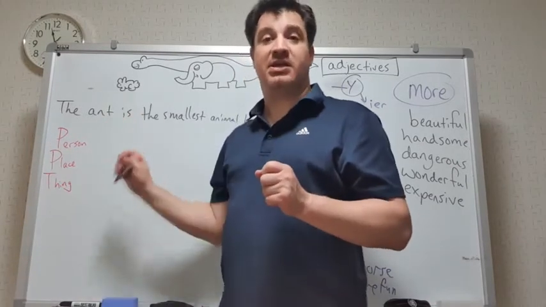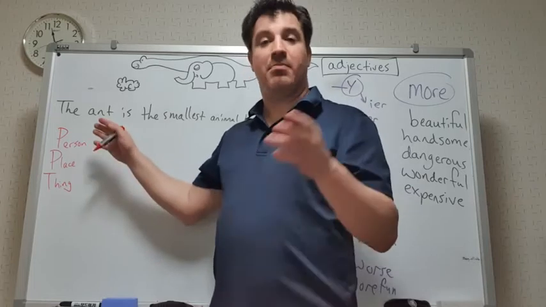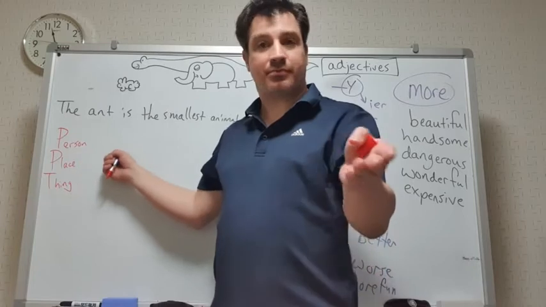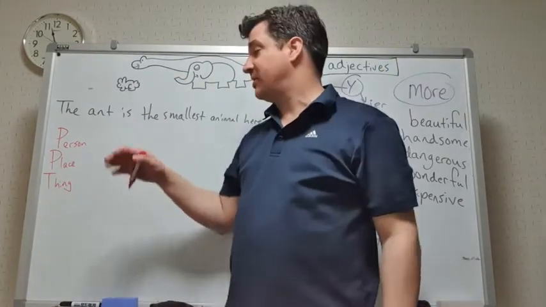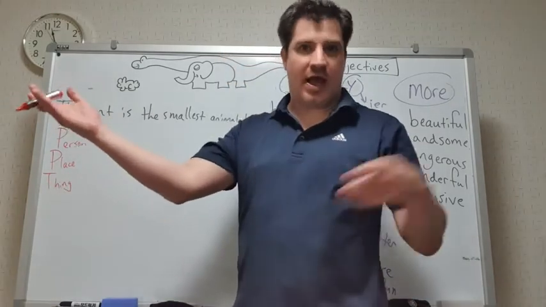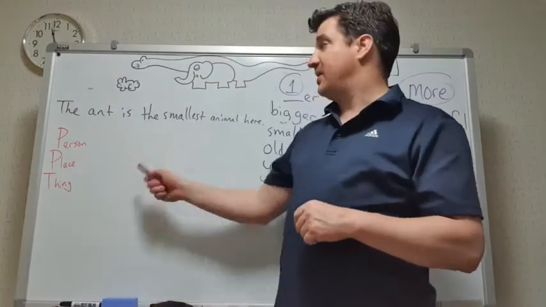I am. He is. My mom, my dad. Korea, Canada, Burger King, Hyundai department store, and things: dogs, cats, Apple computers, whatever you're going to be talking about. Any things fit in that same blank.